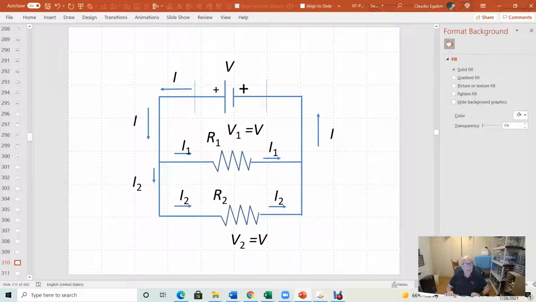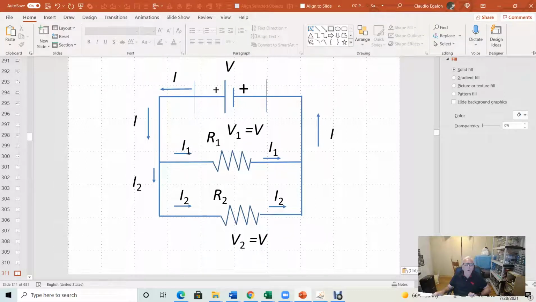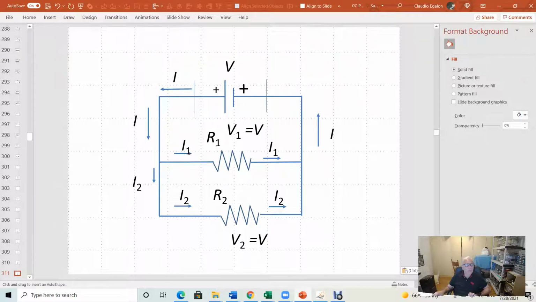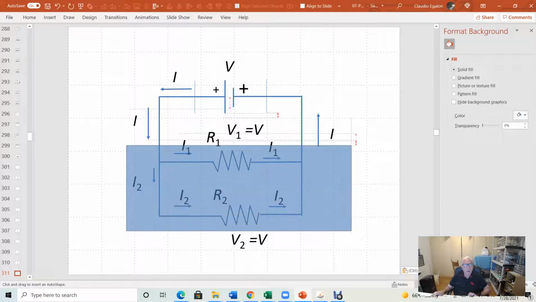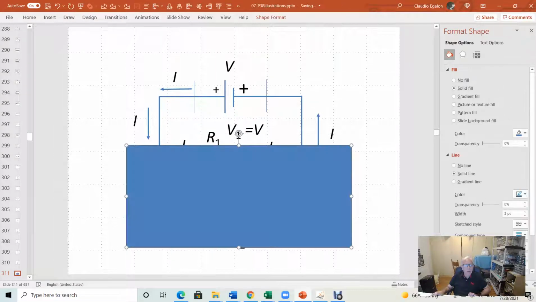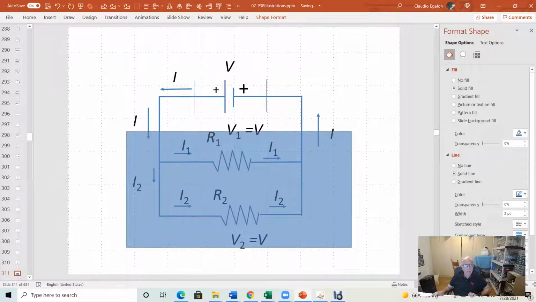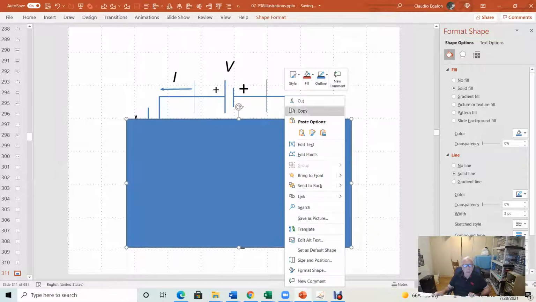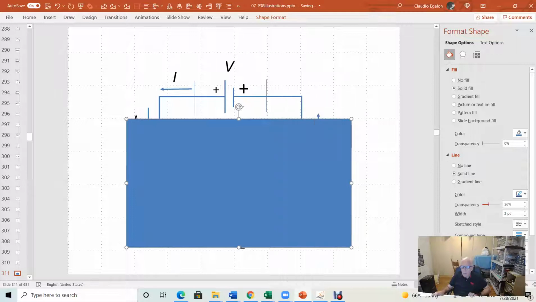And don't forget, we can combine those two resistors. I'm going to do the following. Picture that here. Combine those two resistors. I'm going to make it transparent.